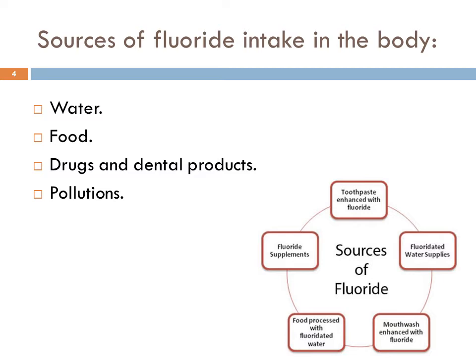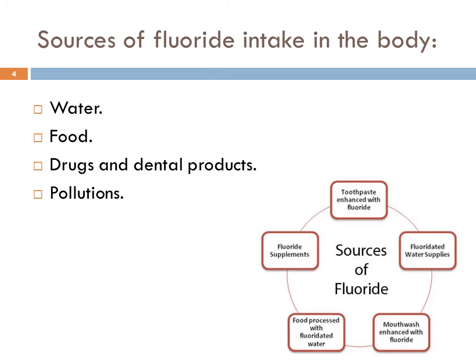Some foods, as we mentioned before, tea leaves and other kinds of food, for example, fish and sometimes other food products, also contain a small amount of fluoride. Drugs and other dental products, for example, toothpaste, fluoridated mouth rinse, and fluoridated supplements such as tablets and drops, are all regarded as sources of fluoride intake in the body.